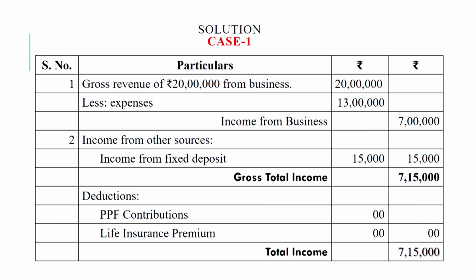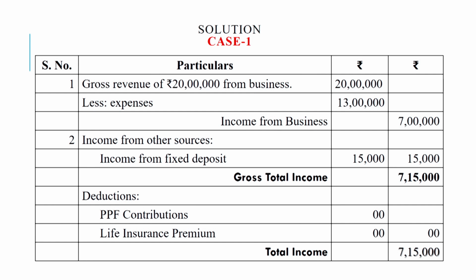After finding the gross total income, which is 7,15,000, we are required to deduct the deductions under the new tax regime, the default tax regime.